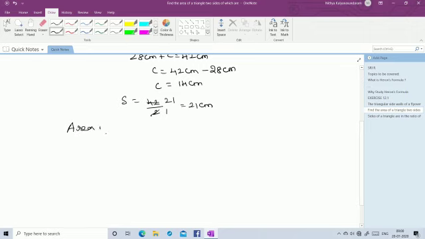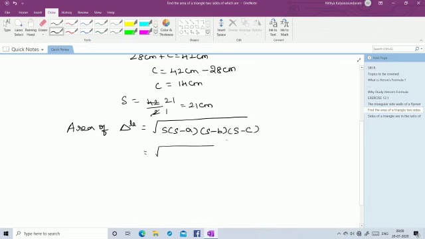So area of triangle is equal to square root of S into S minus A, S minus B, S minus C. So S is equal to 21. Then 21 minus 18, then 21 minus 10, then 21 minus 14.